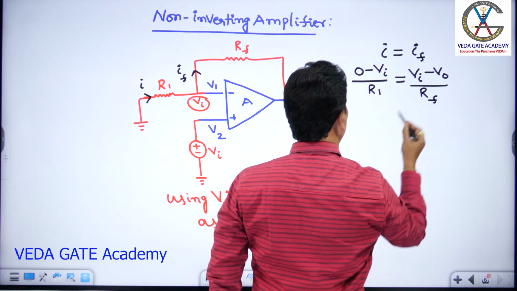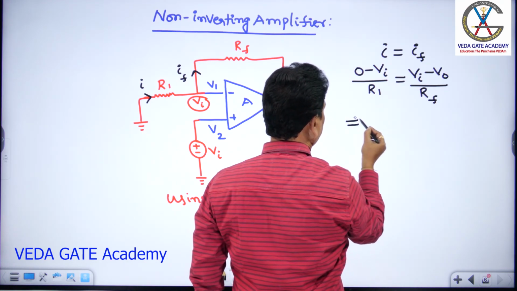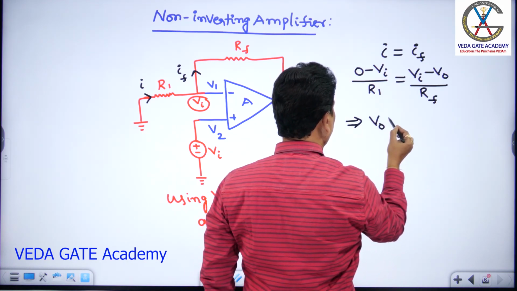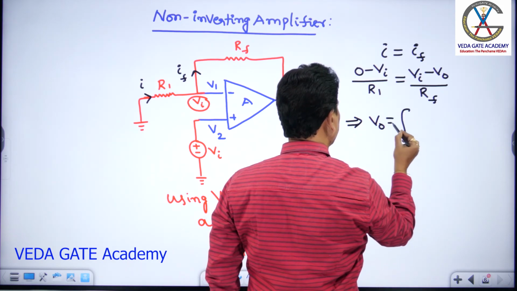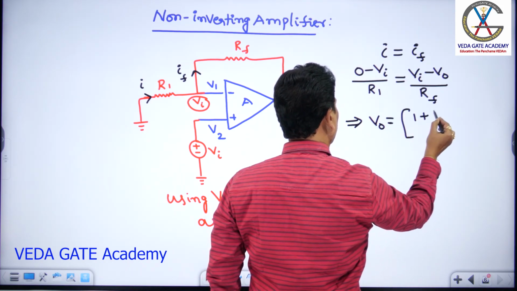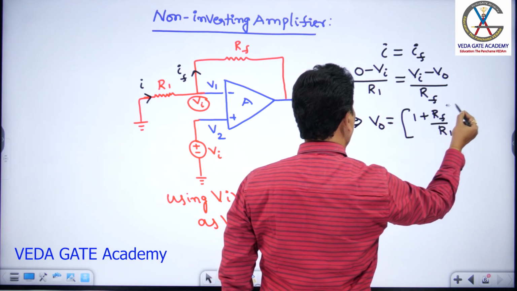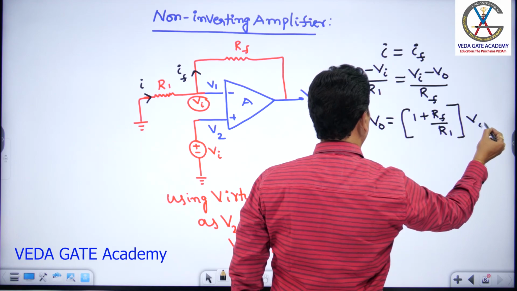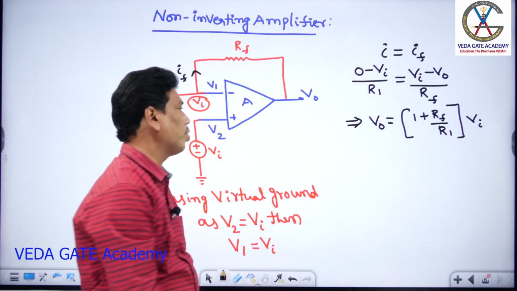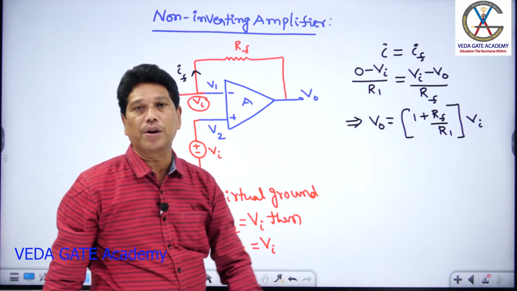If I simplify this, I get the expression for the output: V0 equals 1 plus RF by R1 into Vi.